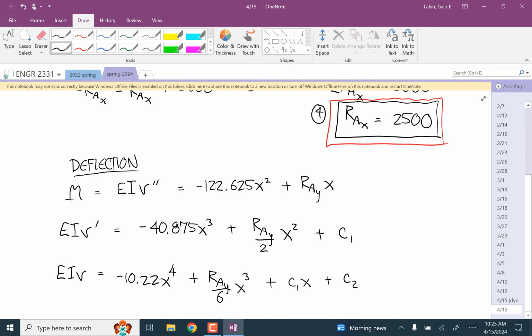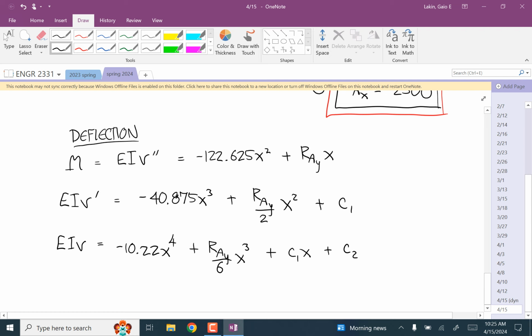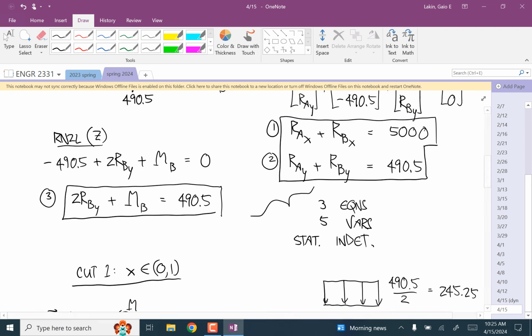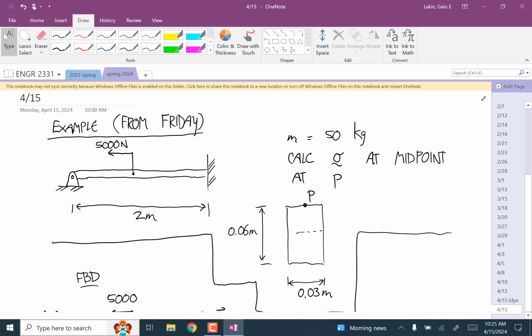If you had a problem where the function for the bending moment changed, the boundary conditions would include what's happening at the seams. But what you're doing now is saying at given X values, we know the value of the deflection. Looking back at the original setup, at X equals 0, that thing can't deflect, but it can be at an angle.